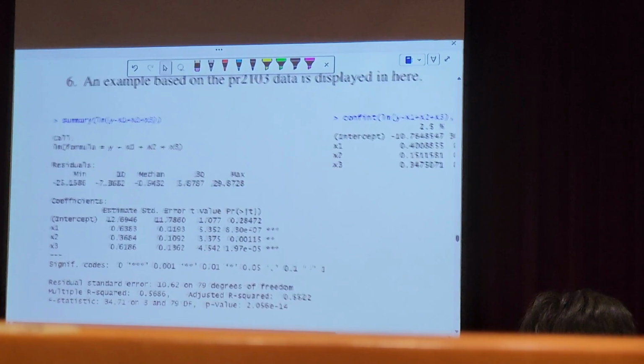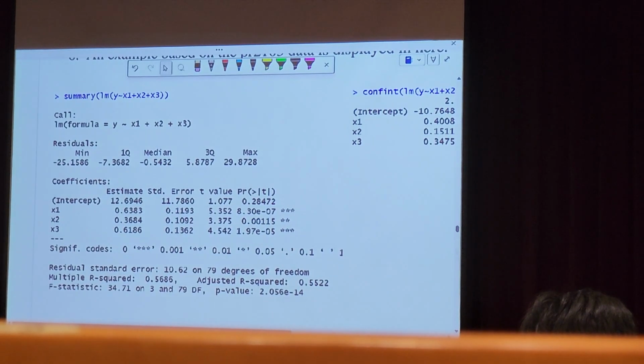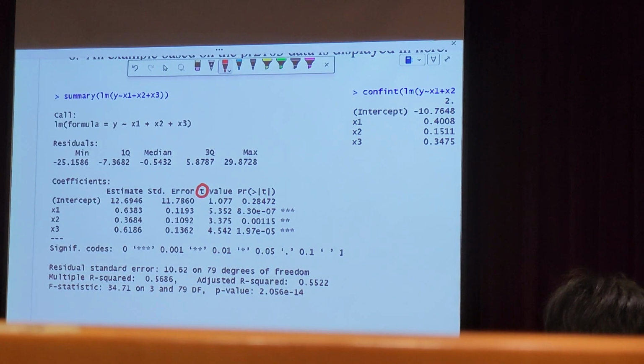So here, still based on the PR2103 data, I have a summary of the model. You can see I am doing t-tests on each one of them, whether they are different from 0 or not.